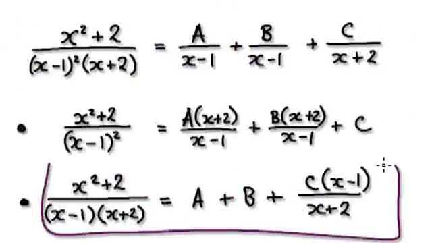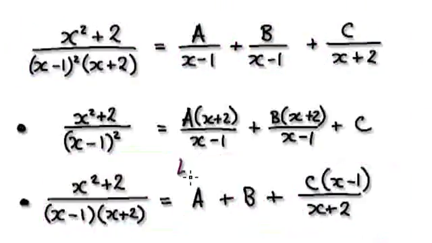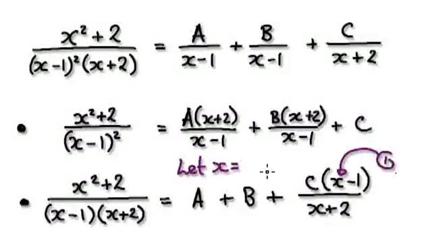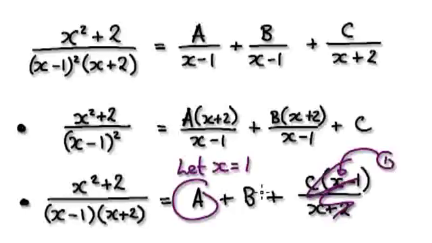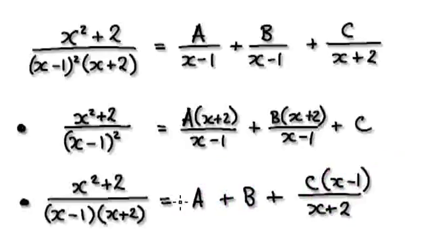And then by the time you get to this stage, you would say, oh, let x equals positive 1. So this thing disappears, and now you've got A and B. So it's not really useful. So this is the wrong way of doing it.